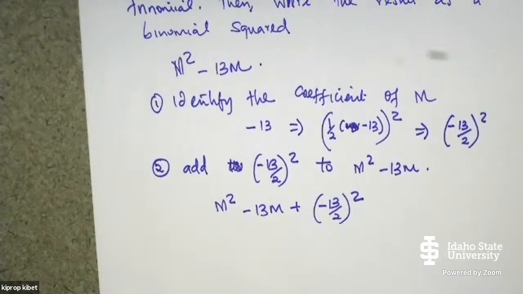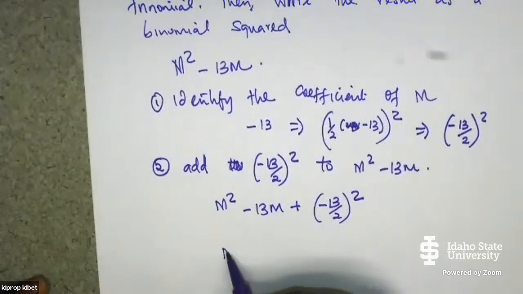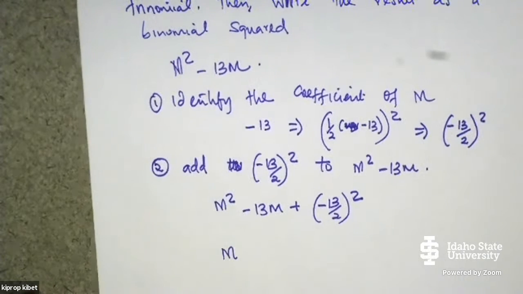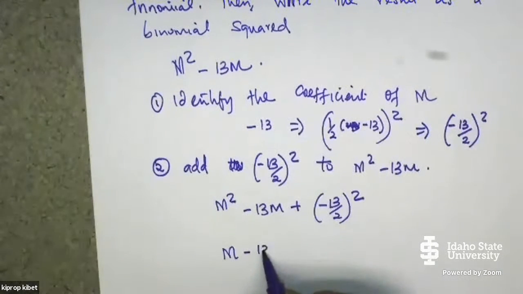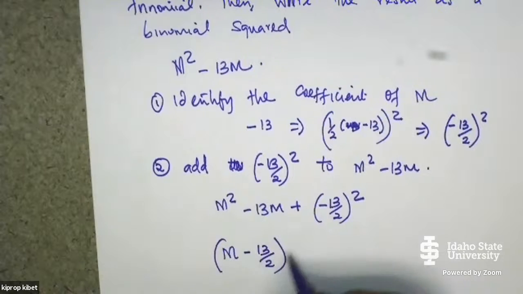Now let's write it as a binomial square. So what is our binomial square? It will now be m, and then what? Yes, m minus 13 over 2, squared.